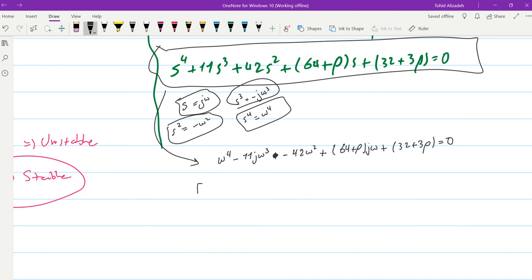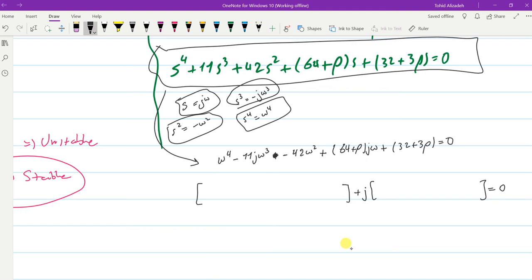Now we need to place the real and imaginary parts of that equation separately, and then each one of them will be equal to 0, which will give us the values for omega and also for rho.